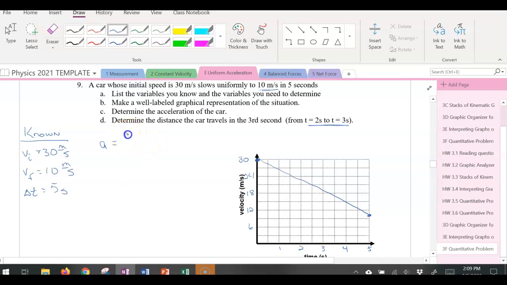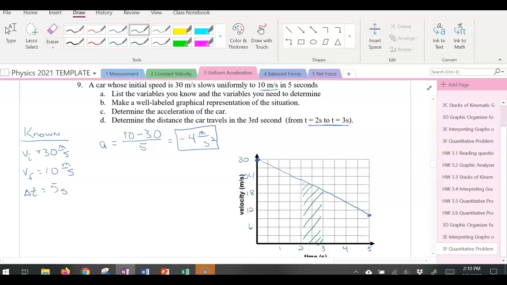It would be 10 minus 30, that's final minus initial, over 5, which is -4. Then we want to know the distance, but not the total distance that it's moved while the speed is changing. We only want the distance from time 2 to time 3. So I want to know this amount of distance.